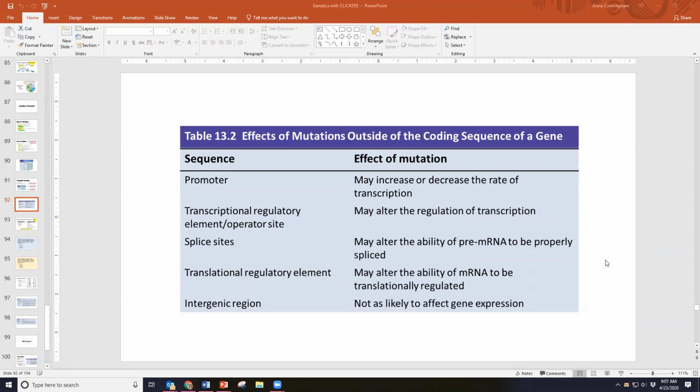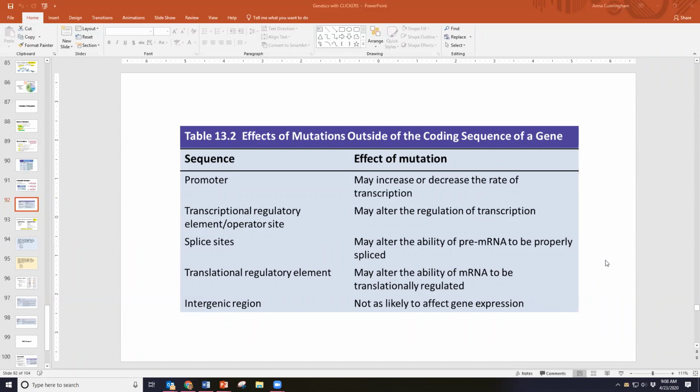Remember, the promoter region includes both the enhancer upstream and that core promoter, the TATA box, and the RNA polymerase binding site. So there's a lot of room to have mutations there. And then, of course, anything that would encode something that would regulate transcription or translation.